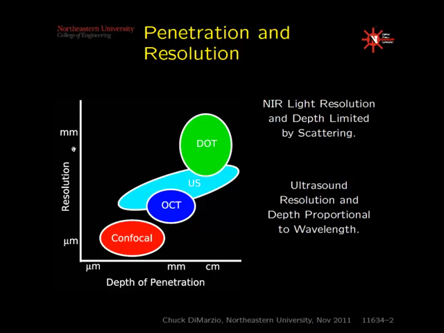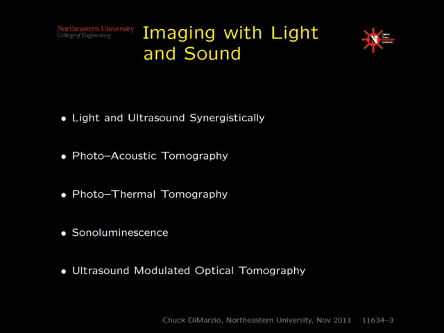So there's a region where the ultrasound actually works to a higher resolution at a greater depth than does light. So can we combine the two techniques to retain the best benefits of each?